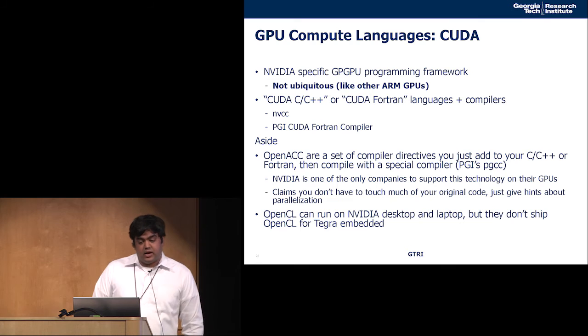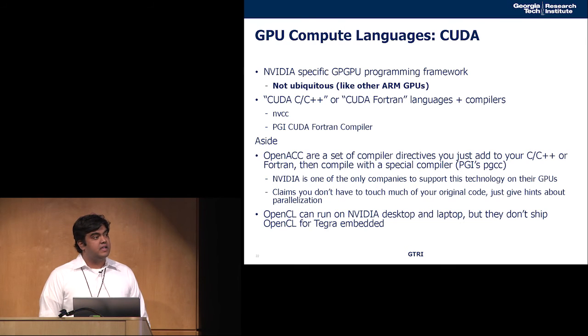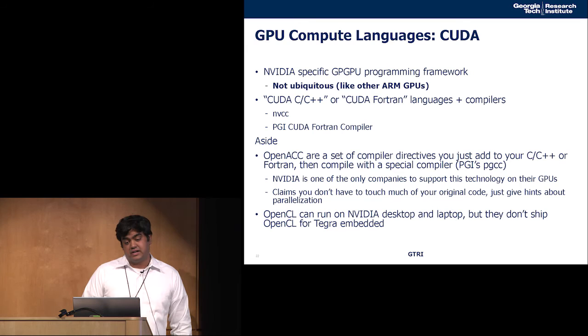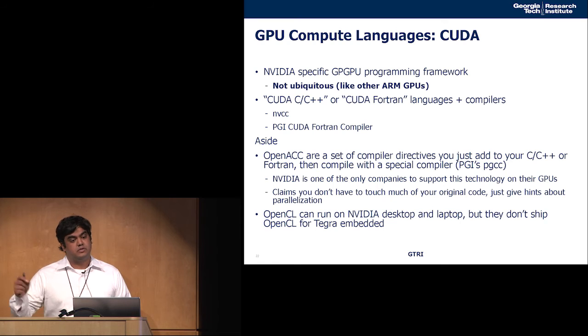If you are using NVIDIA products, CUDA is the way to go. I'm not going to harp too much on this because Seth has talked about it previously. But it's a C, C++ and Fortran-like language. There's 3 variants that you can use that get compiled into optimized GPU machine code. I'm going to skip these couple of slides.